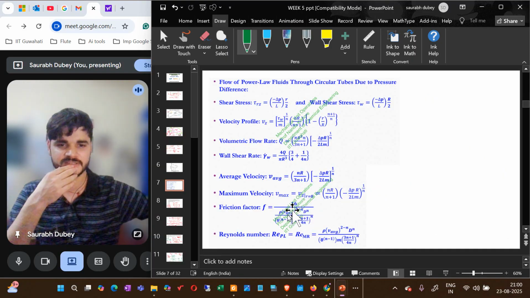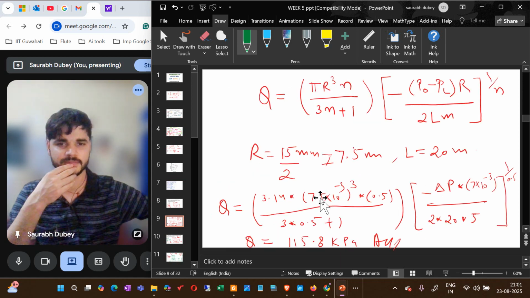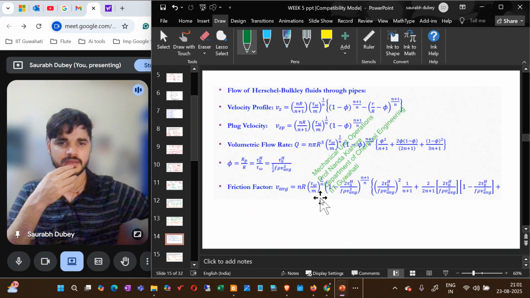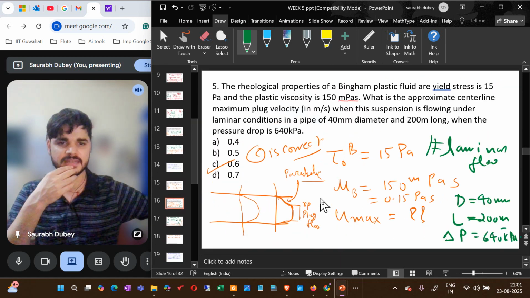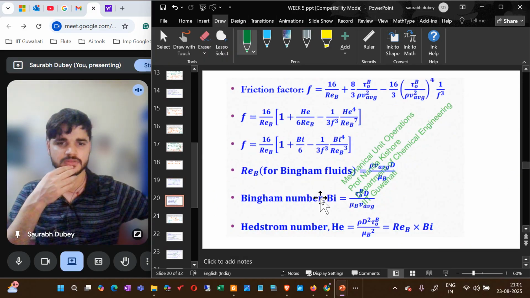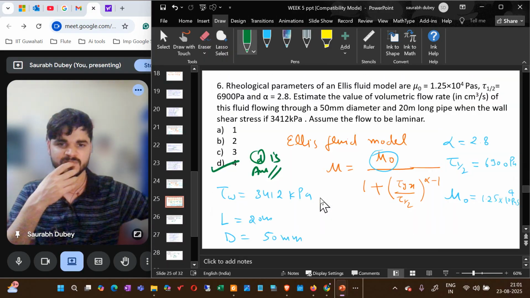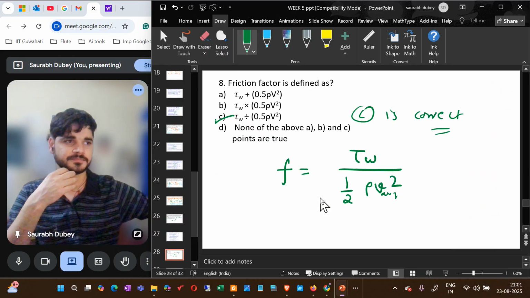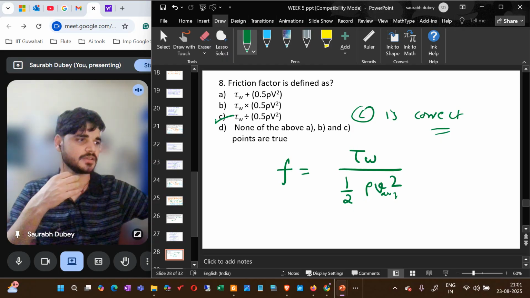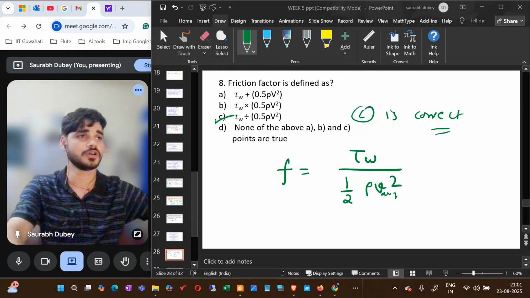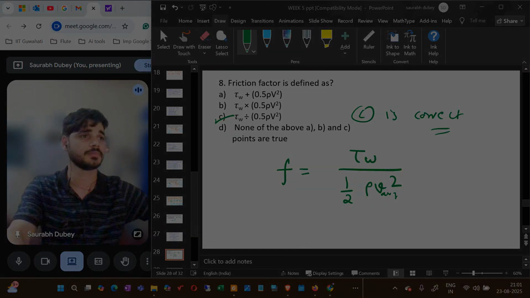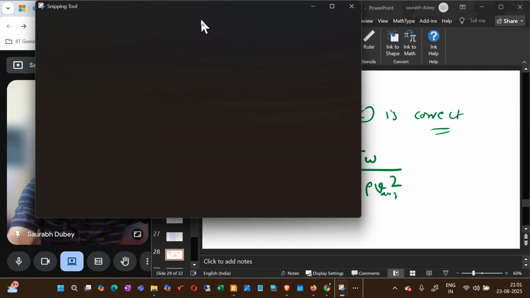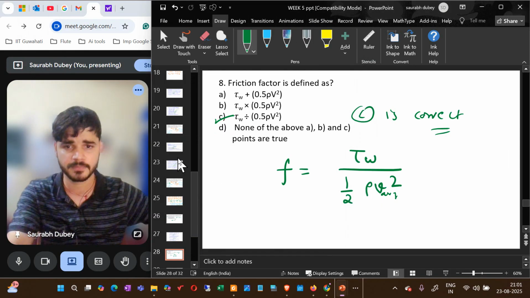So this is the standard here, 16 by Re. The derivations that are there, you can actually revisit them. Okay. So this is the slide where you talk about the friction factor. Though it was for the power law fluid, what I'm saying is the basic concepts remain the same. Okay.